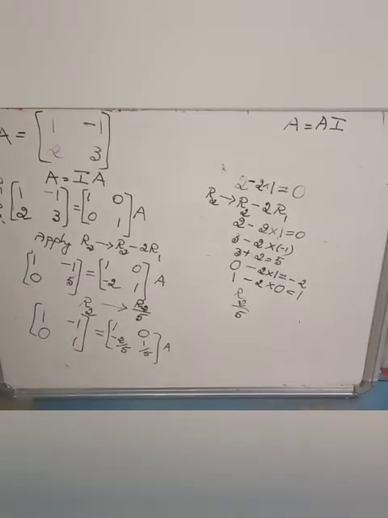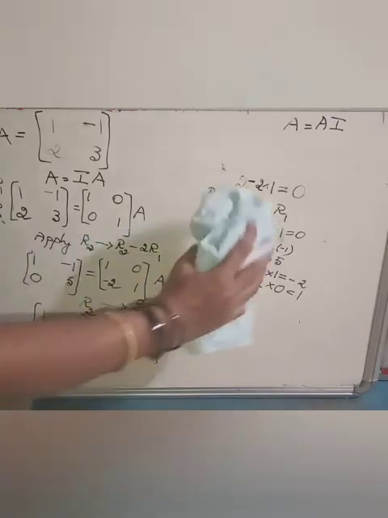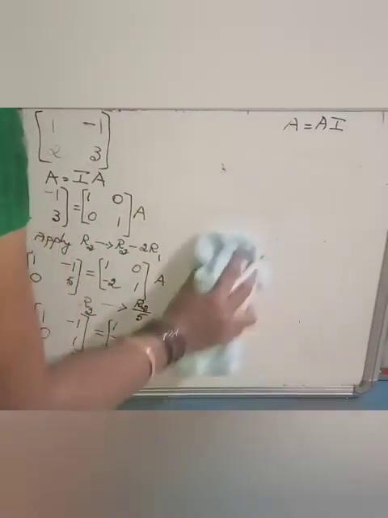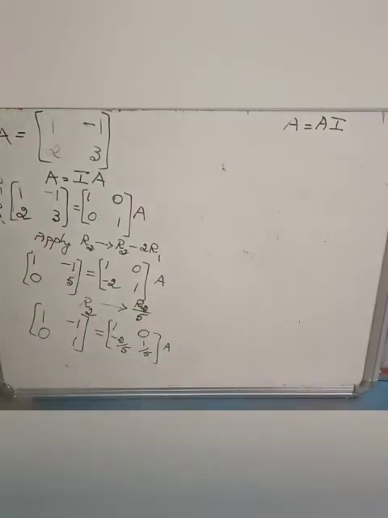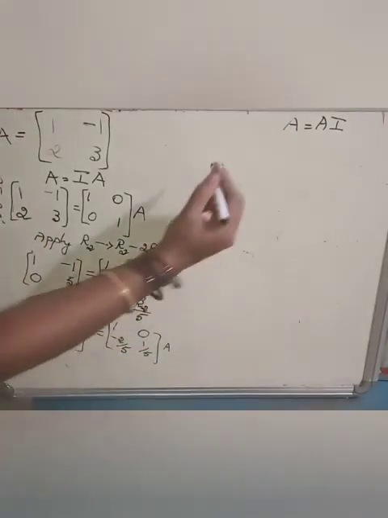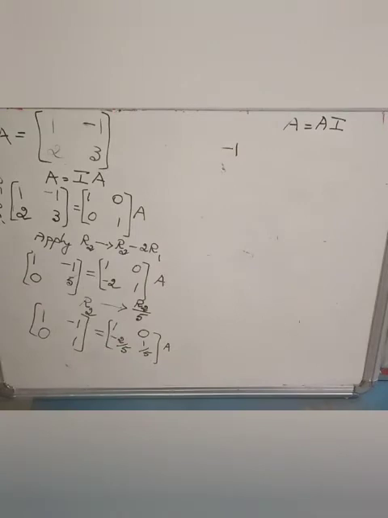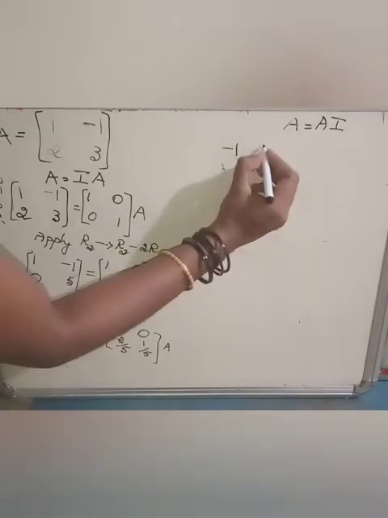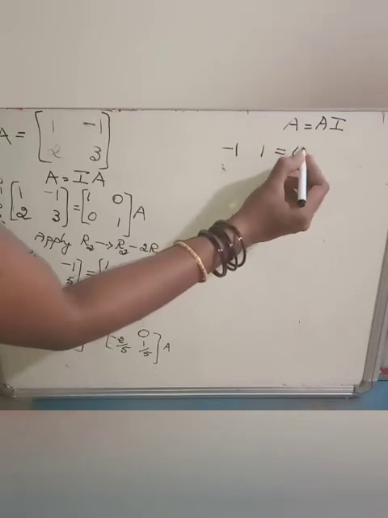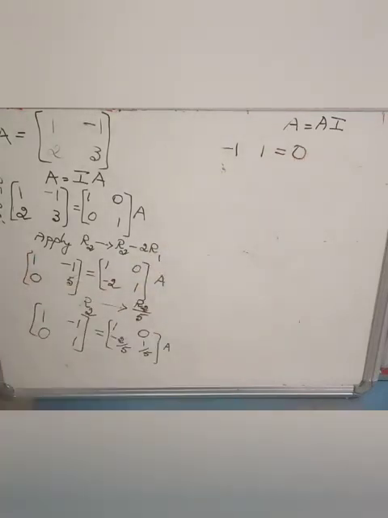Now this should be 0. Remember we are using row operations here. That means this entry should be 0. How to do that? I have to make this entry, minus 1, 0. The corresponding R2 entry is 1. The final answer must be 0. What is the procedure?